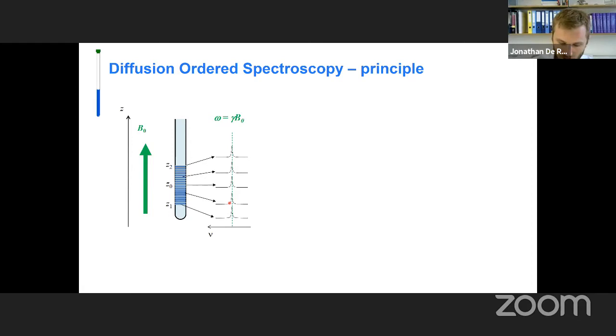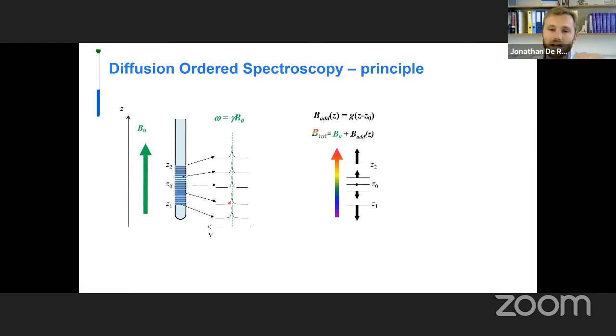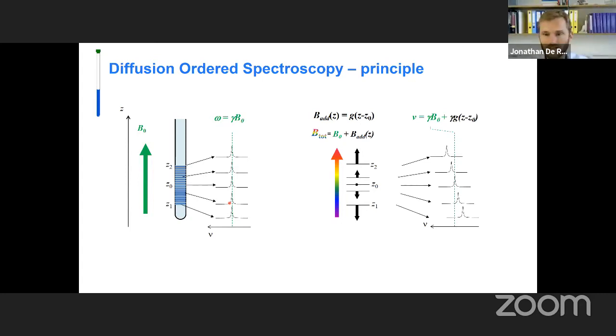Now in DOSY, we're going to destroy that homogeneity. We're going to add another magnetic field, which we call a gradient, because that magnetic field depends on the Z position. That means every molecule, depending on where it is, will have a slightly different frequency.